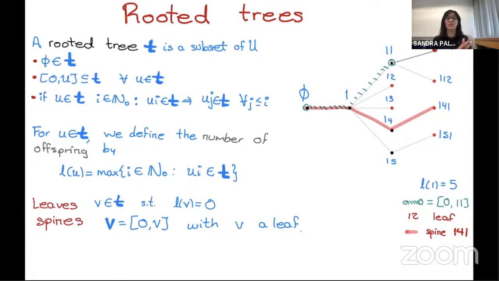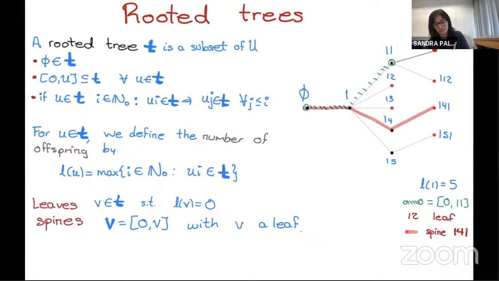Okay, that is a rooted tree. And for every element u in my tree, we can define the number of offspring of u, denoted l_u, as the maximum i in N0 such that ui is in T. And we are going to call leaves the elements that don't have offspring, that means the v's in my tree such that l_v is equal to 0. And we are going to call spines the genealogical lines of the leaves.